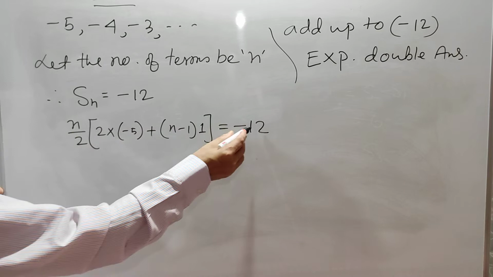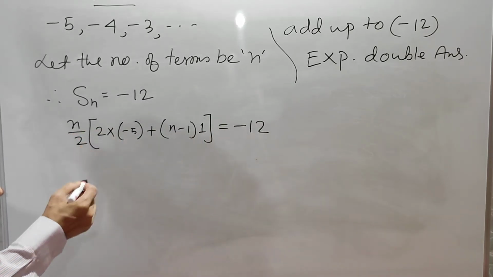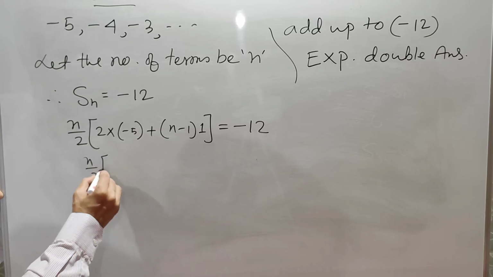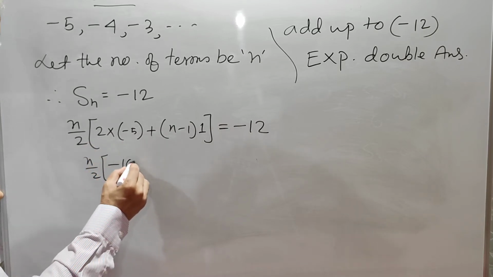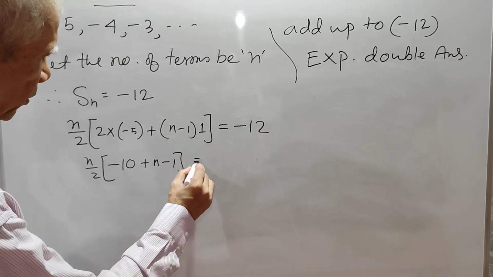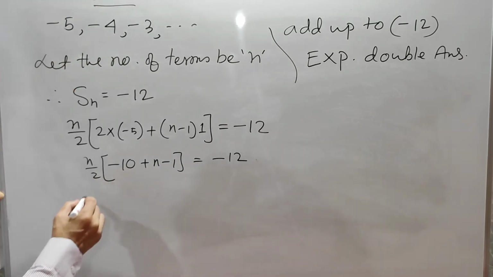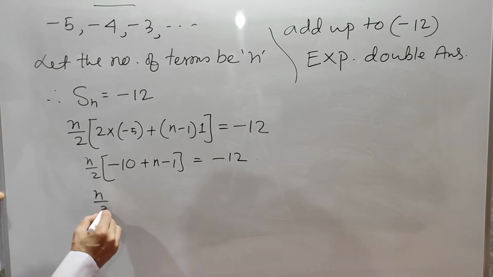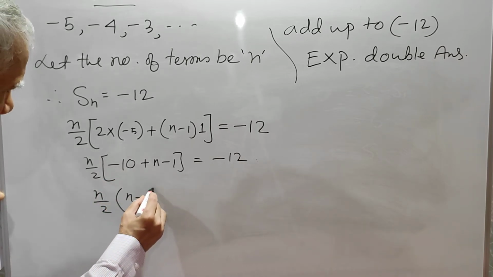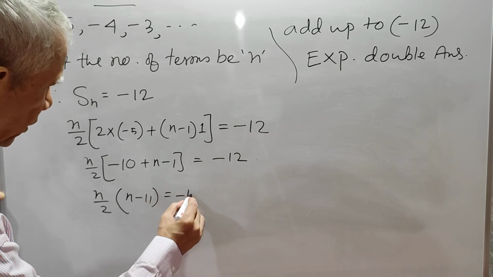You see, this is an equation having n. So we have to solve for n. Now n by 2 into minus 10 plus n minus 1 is equal to minus 12. Then n by 2 into n minus 11 equal to minus 12.